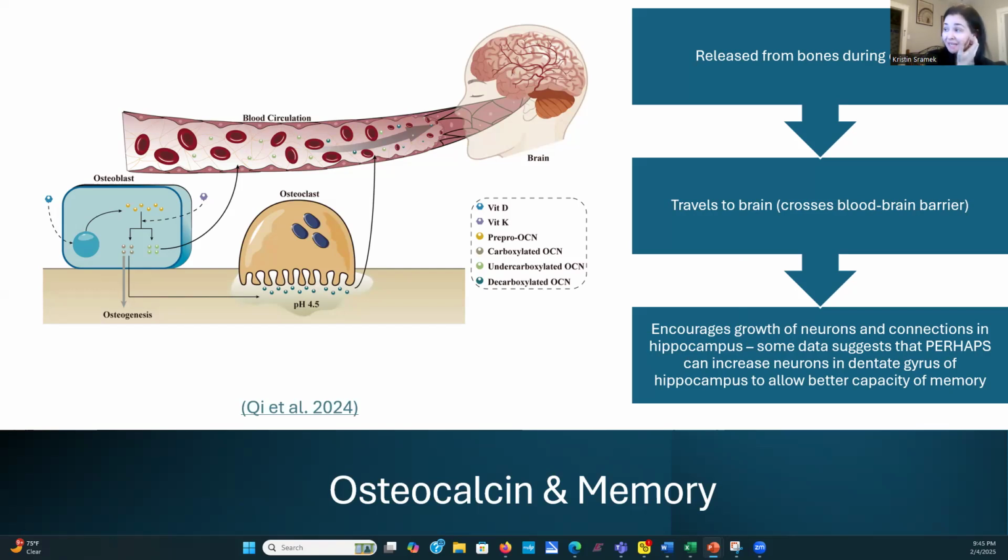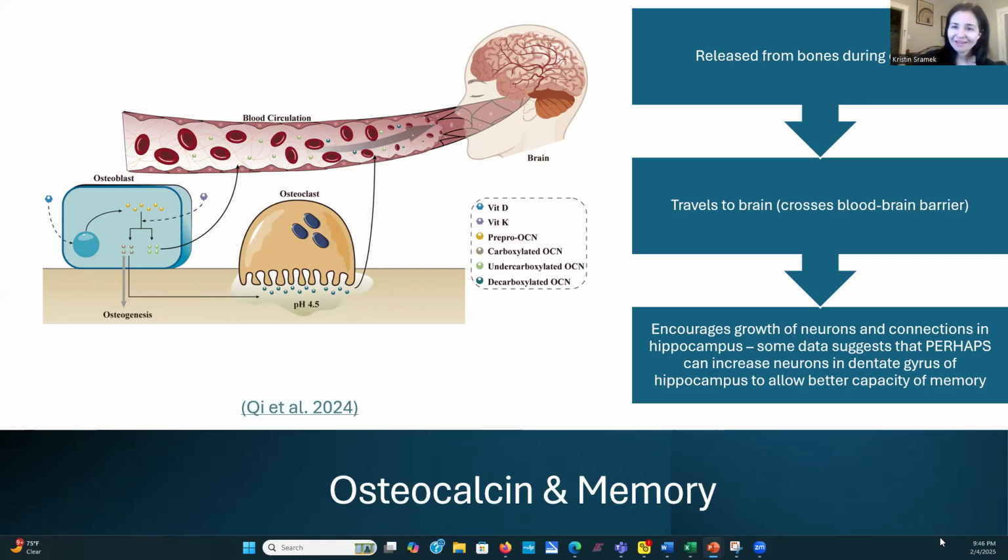And there's even some data that suggests, and this is just preliminary information, that there are specific neurons in a certain part of the hippocampus, which you may remember is responsible for the formation of long-term memories. That's a part of the brain in the temporal lobes. Osteocalcin may actually be encouraging or causing this particular part called the dentate gyrus of the hippocampus to generate more neurons, which could really help build the capacity of memory.